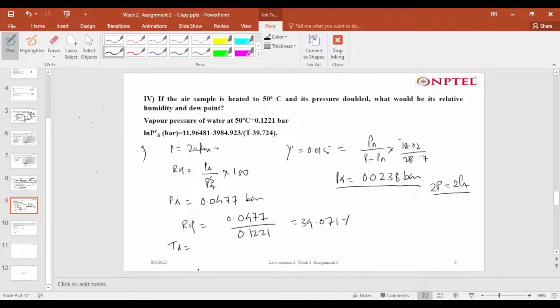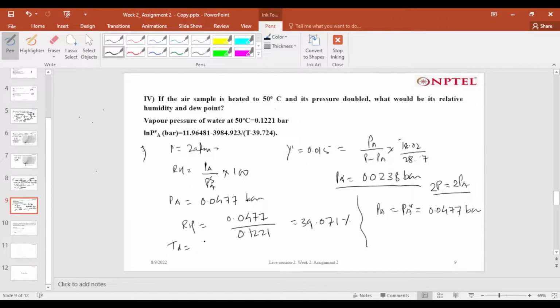At dew point, partial pressure is equal to vapor pressure. So use this one, 0.0477 bar.